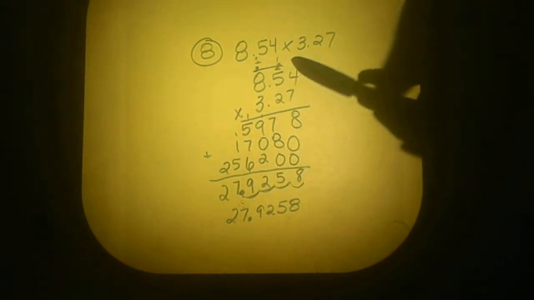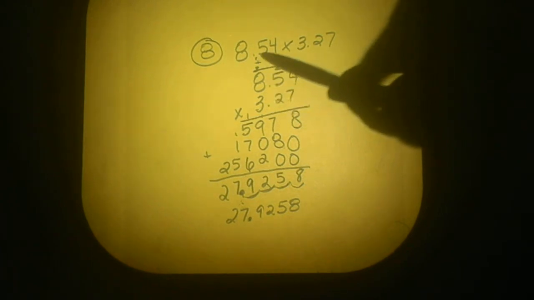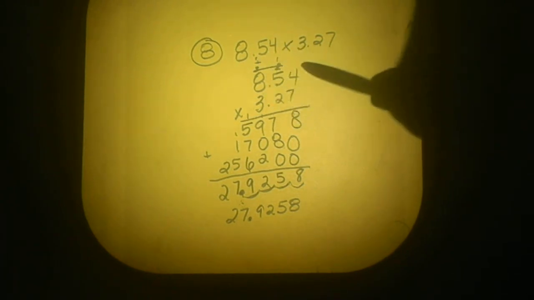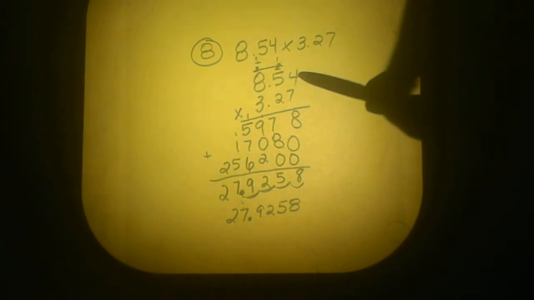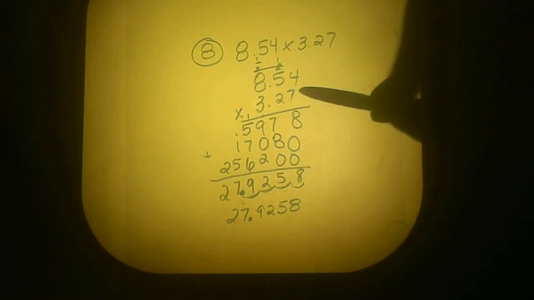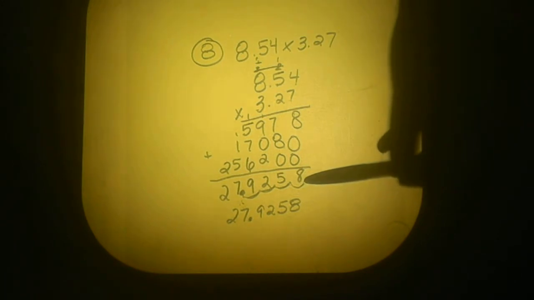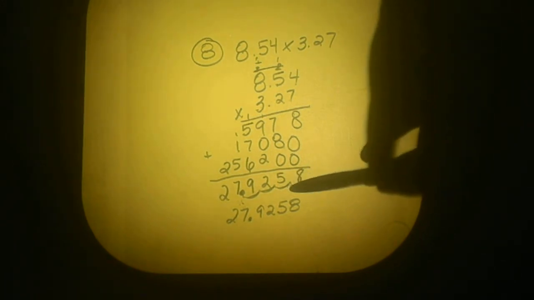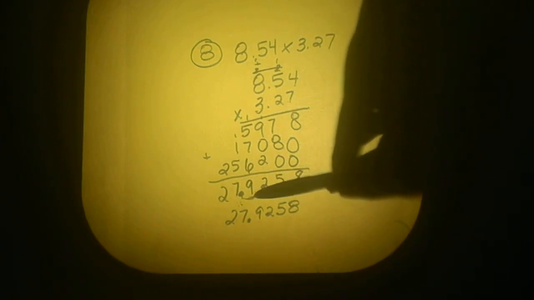I came up with 279258. Now here's where I count all of the numbers to the right of the decimal spot in both sets of numbers. Here, there's the 5 and the 4, so that's 2 spots to the right of the decimal, and here's 2 more, so 2 plus 2 is 4 spots. I start here and count 4 decimal spaces: 1, 2, 3, 4.